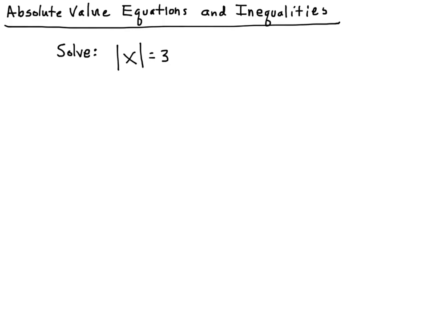Now, the absolute value of x equals 3, there's two possible solutions to this, right? X can be either 3 or negative 3. And so the way we're going to do this, and there is a shortcut that everybody takes, but I want to explain where the shortcut comes from, is that the absolute value sign will either leave x alone, or if x is negative, it'll make it positive.